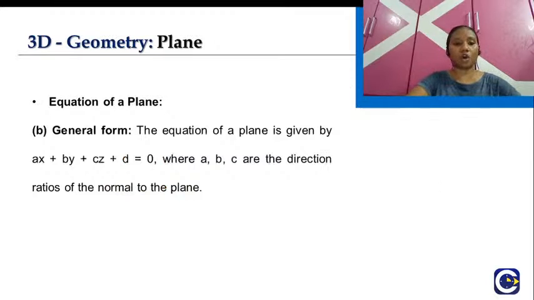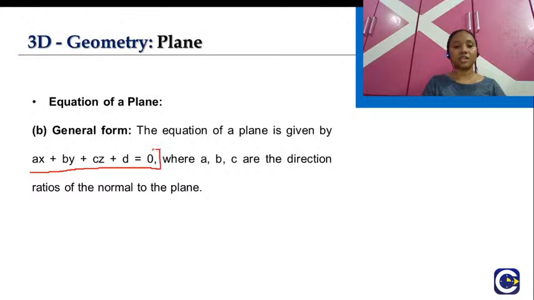Our next form of equation is the general form of equation. Initially we saw the normal form, which is related to our direction cosines. But here we are going to see it with respect to our direction ratios. So the equation of a plane is given by ax plus by plus cz plus d equal to 0, where my A, B, C are the direction cosines.